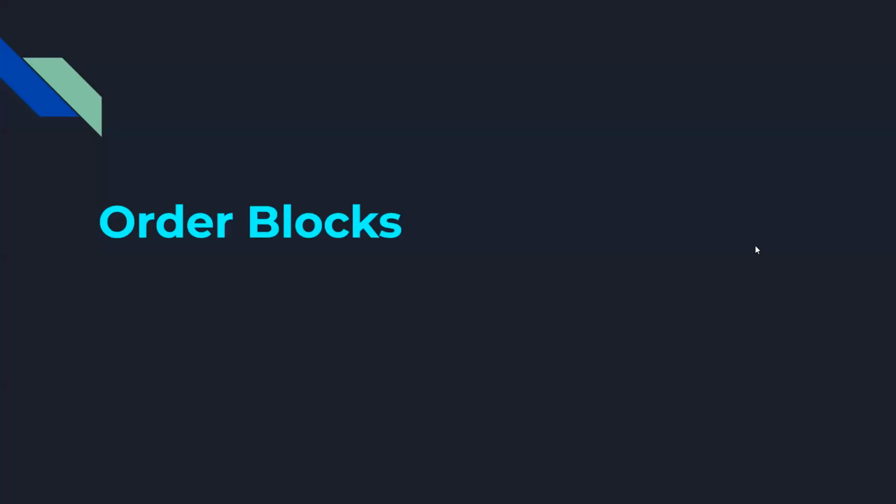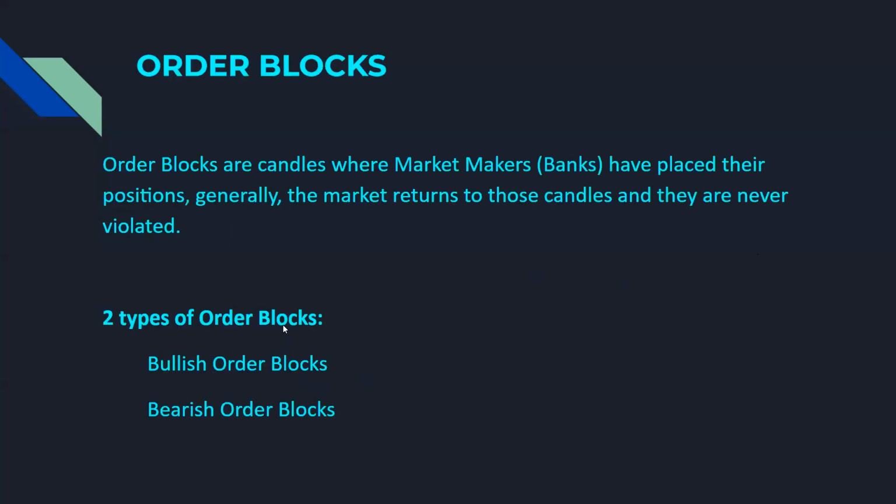Okay. So we are going to talk about order blocks today, and these are the candles that belong to banks. Let's first define what order blocks really are. Order blocks are candles where market makers or banks have placed their positions.